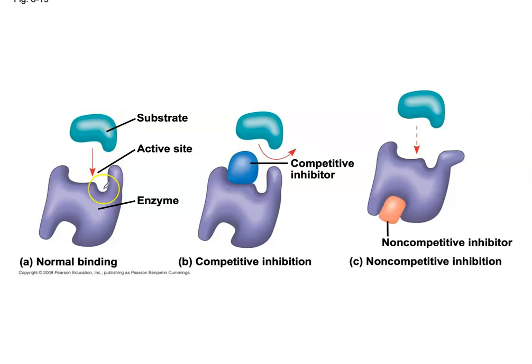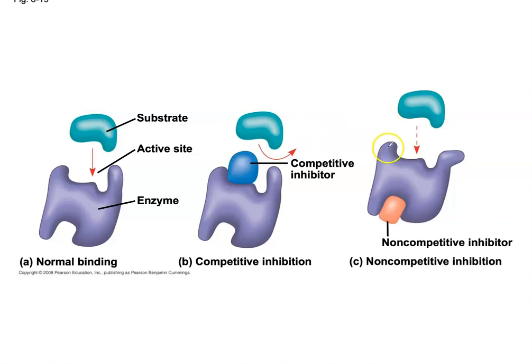Normal binding would be that this attaches to this. A competitive inhibitor might be this one, attached to this area, like we talked about with carbon monoxide, and then the actual substrate is not able to attach itself. The way you would remedy this is by Le Chatelier's principle in chemistry: you increase the substrate concentration, and in many cases you could reverse it. In cases like cyanide, it's very difficult to reverse, so you may not be able to.